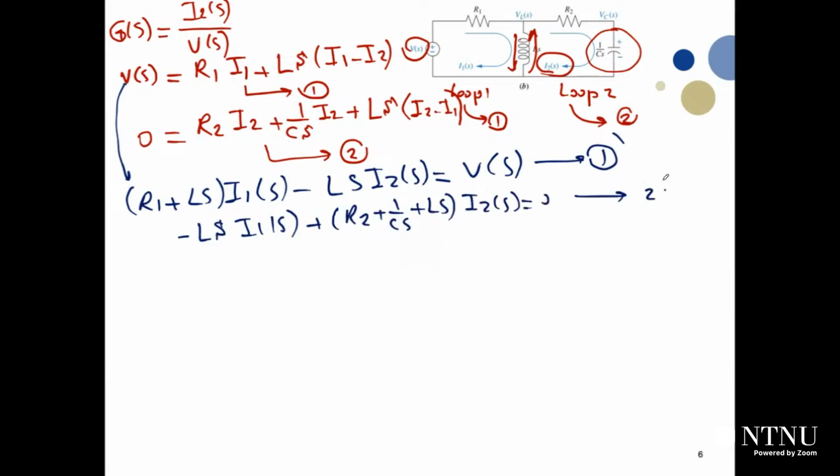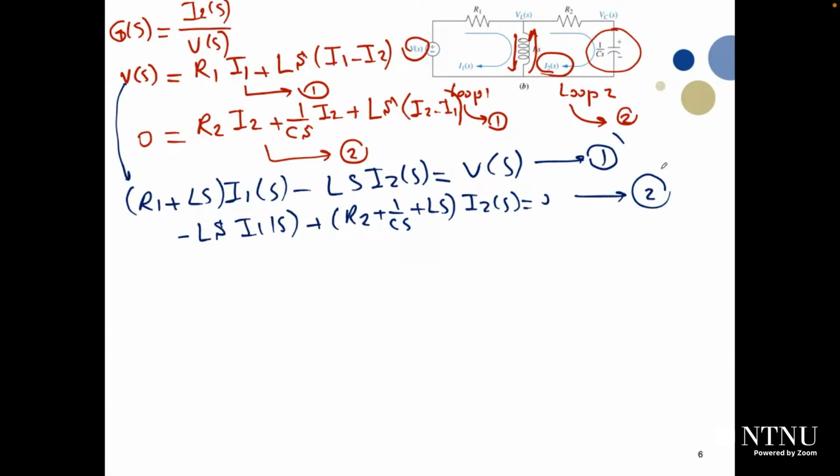So now we have the second equation, right? So now we have two equations. The first equation is something multiplied by I1 minus LS multiplied by I2 equal VS. The second equation is minus LS multiplied by I1 plus something multiplied by I2 equals 0.